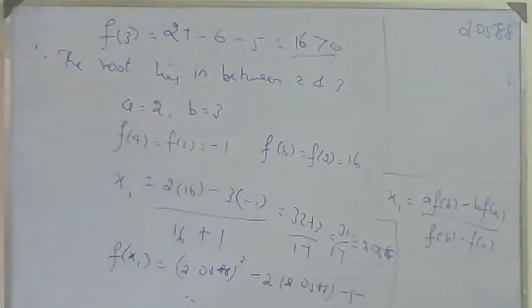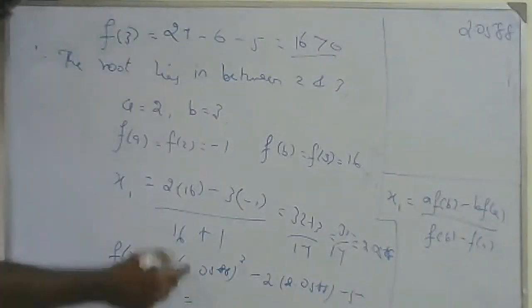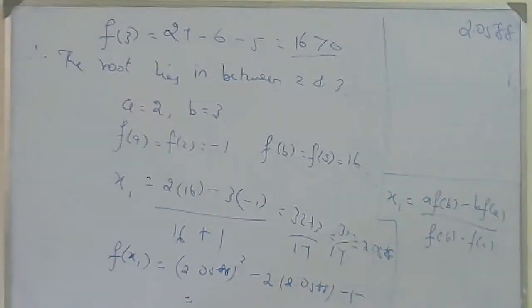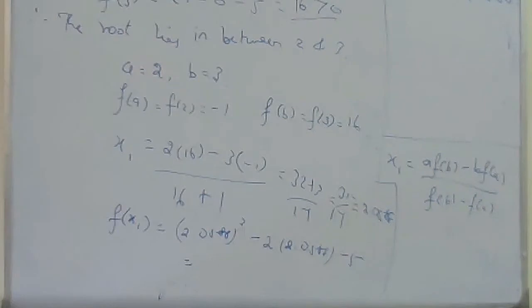Is the value positive or negative? I just want positive or negative. Better if you give me the value, because we will use it in the formula. What's the value of f of x1? 2.0588 the whole cube minus 2 into 2.0588 minus 5.